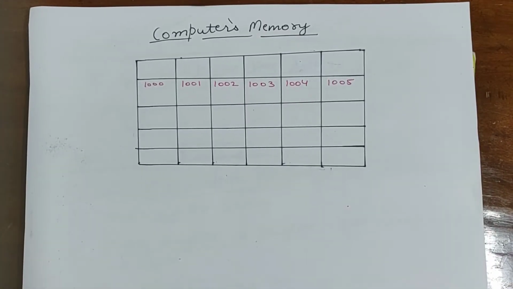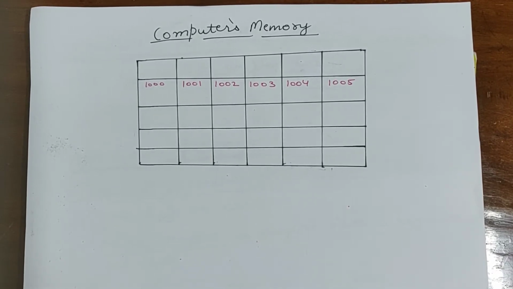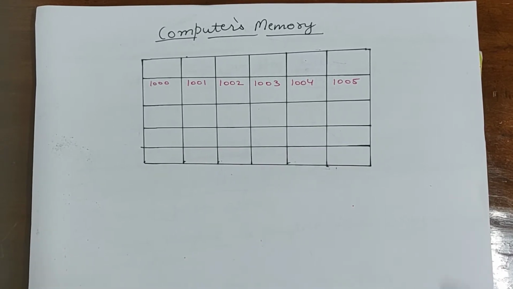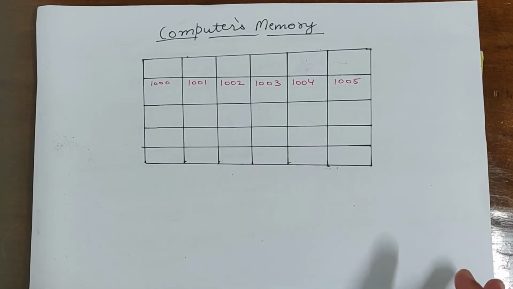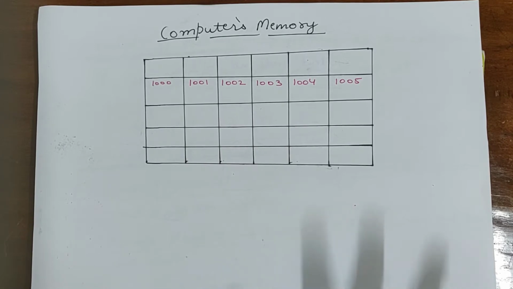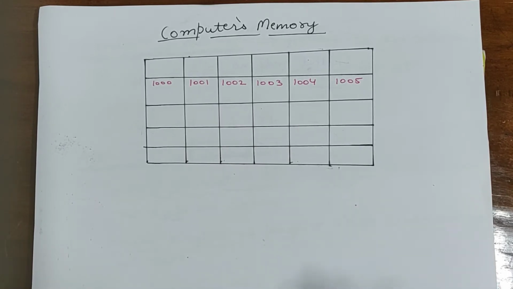As I already discussed in my previous videos, data structure means how you are arranging your data, how you are storing your data in computer memory, the fashion in which you are storing your data in computer memory. For example, I want to store 5 students' roll numbers in computer memory.